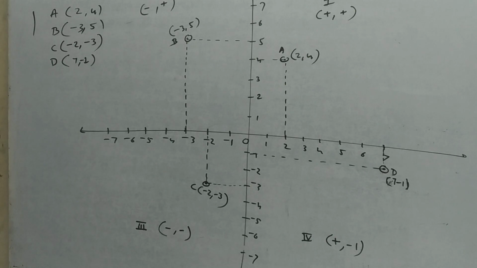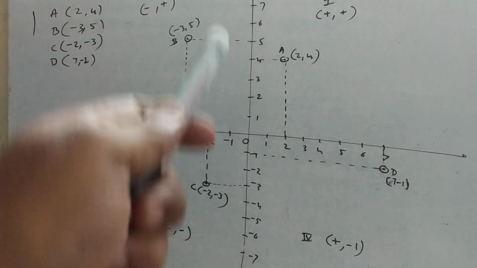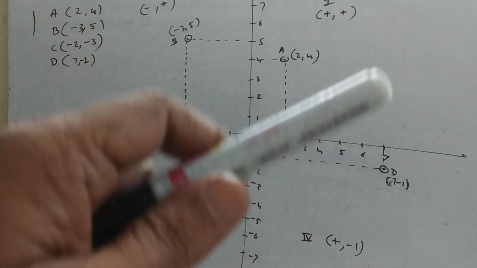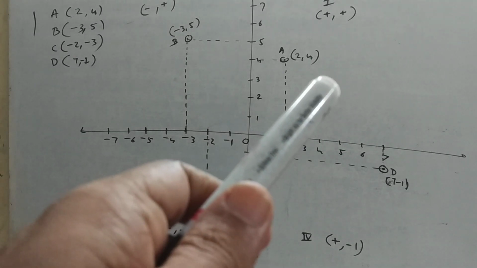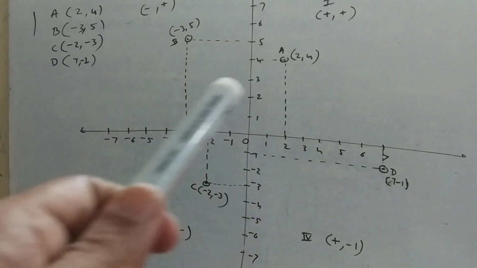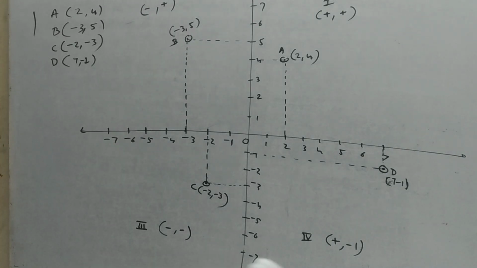So in the coordinate system or Cartesian plane, these two axes, X axis and Y axis, divide the Cartesian plane into 4 parts, and these 4 parts are called quadrants. First quadrant positive positive, second quadrant negative positive, third quadrant negative negative, and fourth quadrant positive negative.